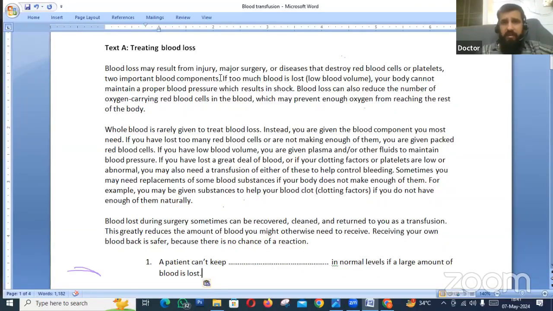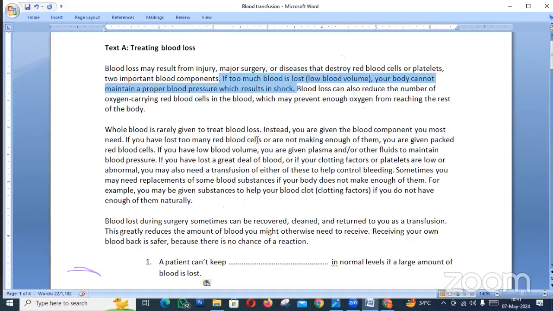Very easy. If too much blood is lost, a low blood volume, your body cannot maintain a proper blood pressure, which results in shock. Blood loss can also reduce the number of oxygen-carrying red blood cells. Some of you may argue that the answer could be oxygen-carrying red blood cells. Yes or no?